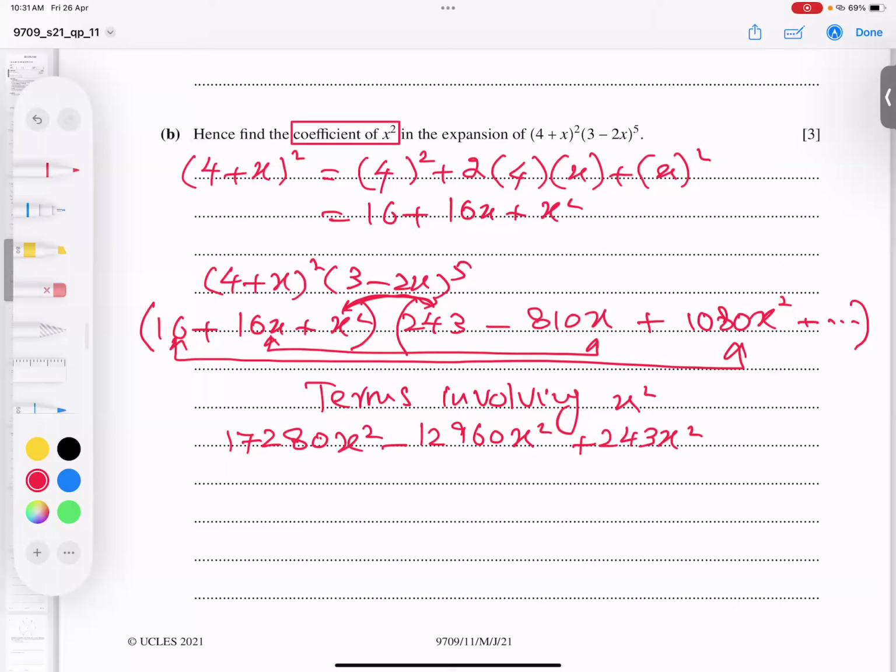And 16 times 810, okay, all right, 12960, correct. Let me recheck what I get. 16 times 1080, minus 16 times 810, and plus 243.